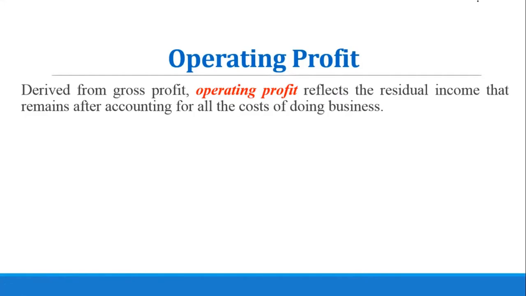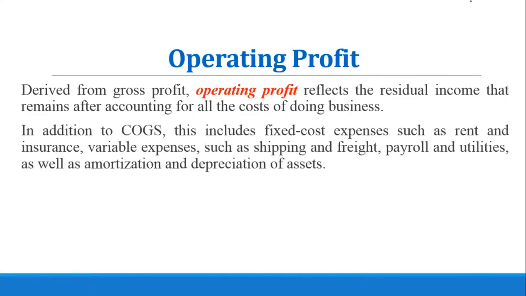And in addition to COGS, this includes fixed cost expenses such as rent, insurance, okay, variable expenses such as shipping and freight, ano pa, payroll and utilities, okay, as well as the amortization and depreciation of assets. Okay, so yun yung mga fixed cost expenses natin.